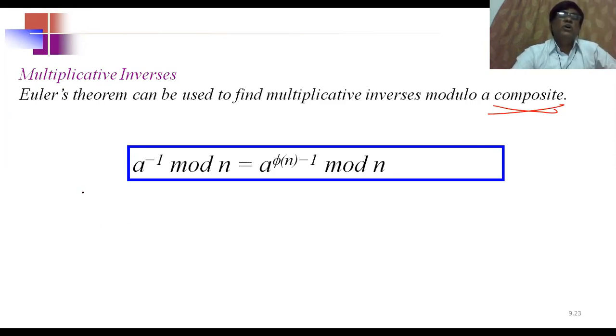So if you want to find A inverse mod n, where n is a composite number, then A inverse mod n is equal to A power phi n minus 1 mod n.